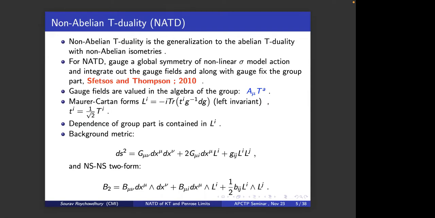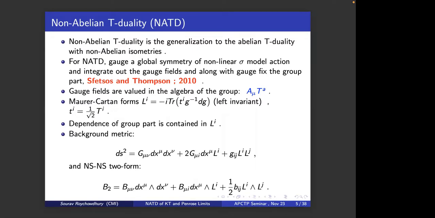So, as I just mentioned, non-abelian duality is the generalization of abelian T-duality for isometries where the isometry group is non-abelian, like SU2, SU3. As a quick recap of the abelian case, the work by Buscher: first we consider a sigma model action on a background which admits some U1 isometry, and we gauge the isometry.